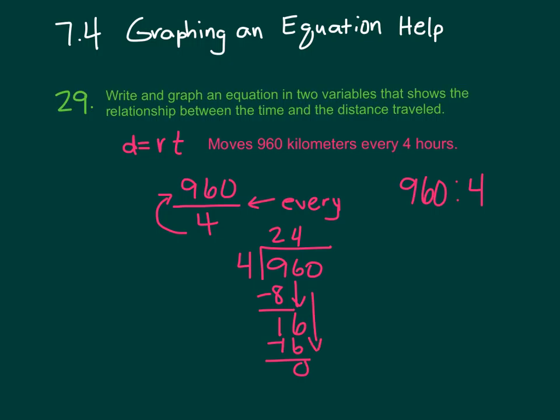That's something that a lot of you miss. 4 goes into 0 0 times. So now I'm left with 240 kilometers for every 1 hour. And we know that any whole number over 1 equals just what that whole number is. So now I found my speed. It's 240 kilometers every hour.